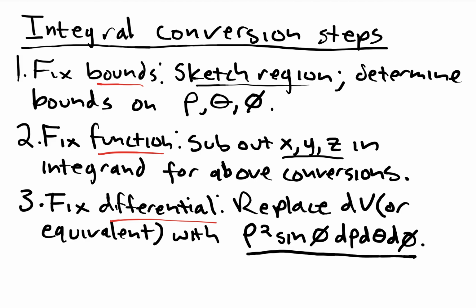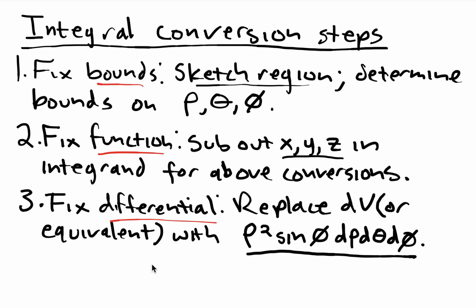So any of those 3 formulas or 4 formulas above will be relevant for helping you fix your function. A comment that ties back to bounds: whenever you look at your bounds, please don't try to fix your bounds using those techniques. It's probably going to be a lot cleaner if you just figure out what your region looks like instead.